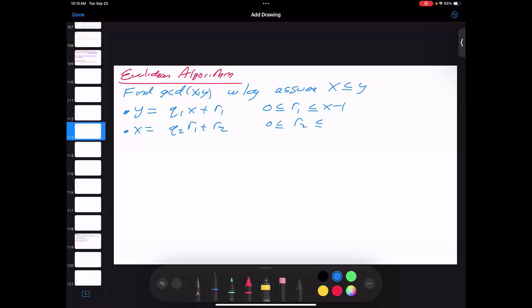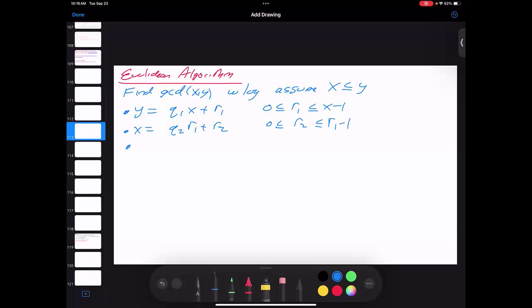This is just old division from high school. If I divide by 17, what's the largest remainder I can have? 16. If I divide by 101, what's the largest remainder? 100. So this is going to be at most R1 minus 1.